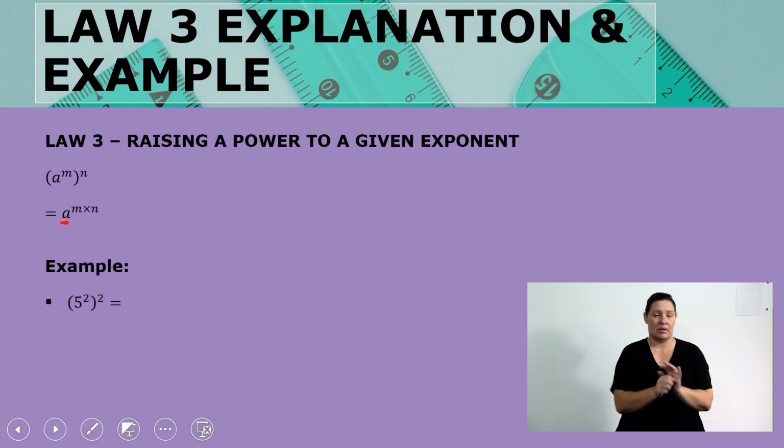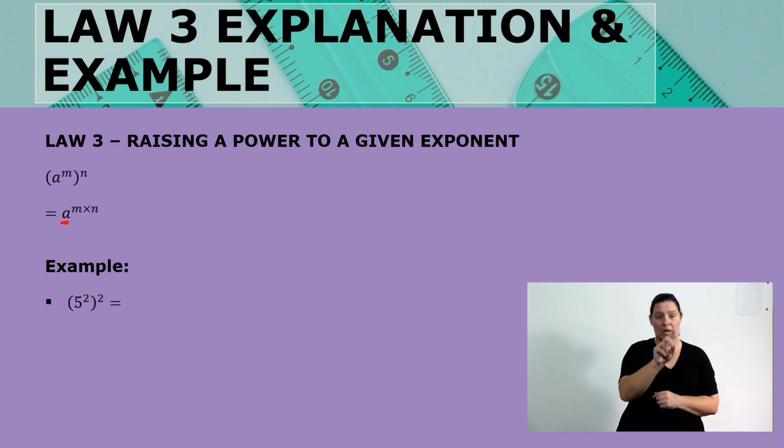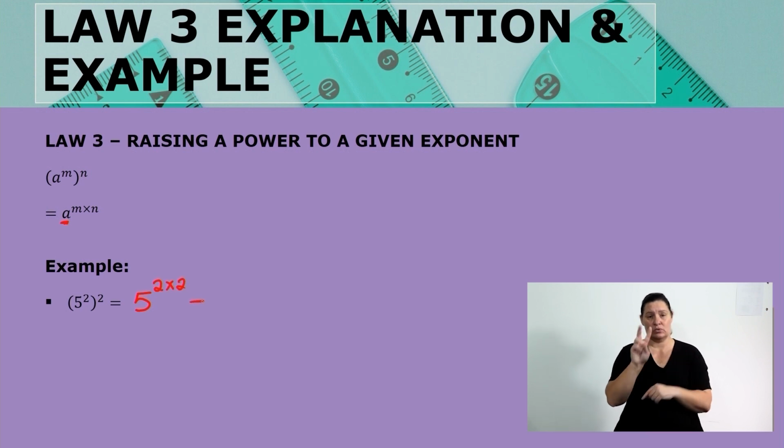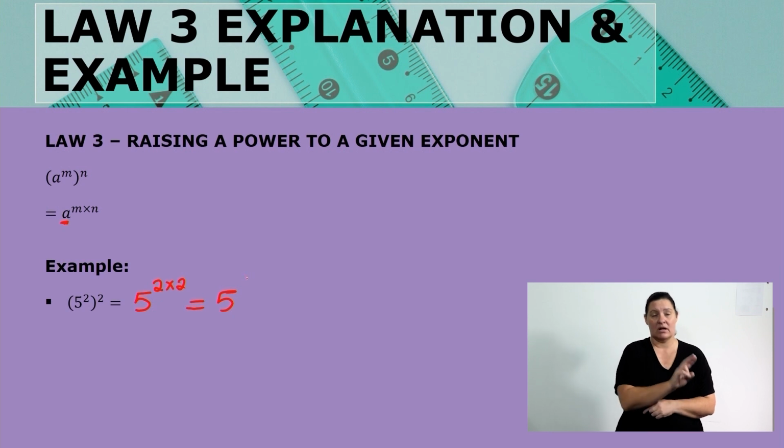An example of this is that we have 5 to the exponent 2, and that power is raised to the exponent 2. According to our law 3, we are going to say base 5, and that is going to be 2 multiplied by 2, giving us an answer of 5 to the exponent 4.